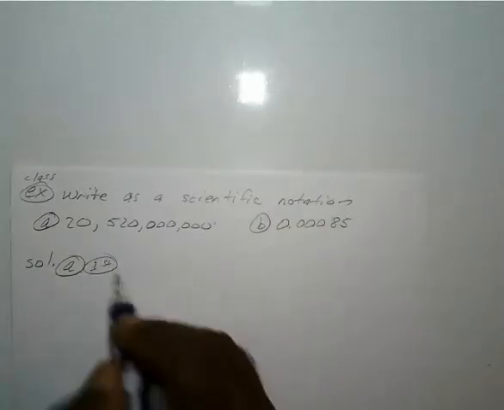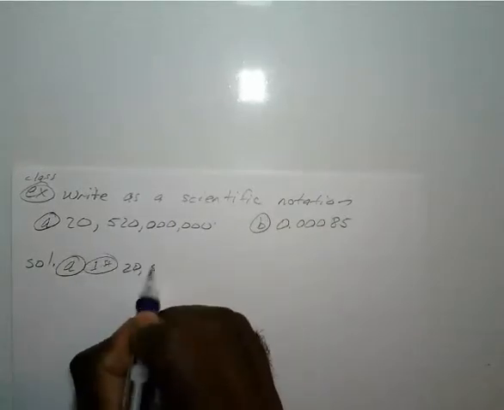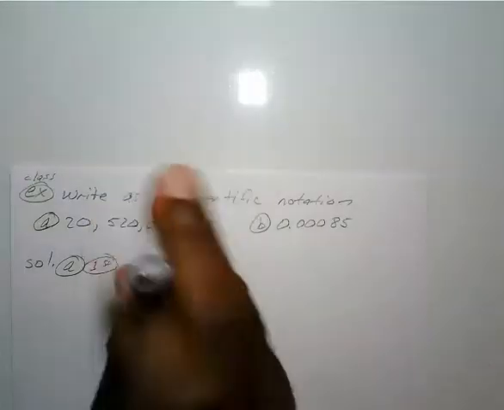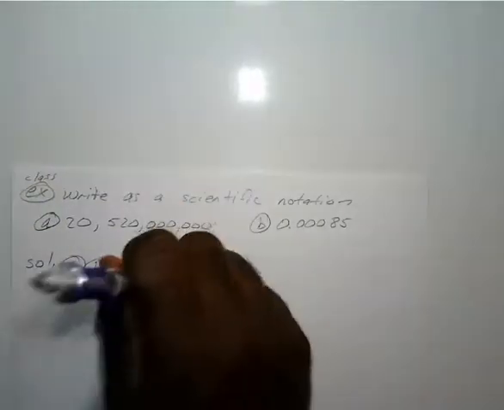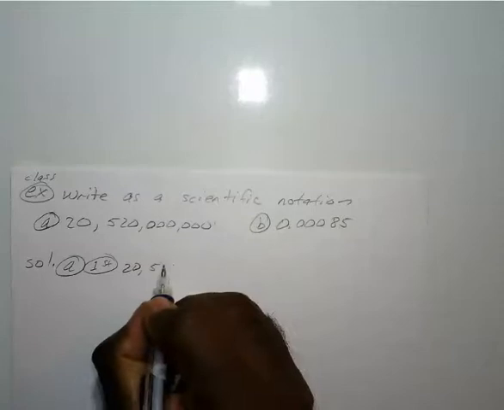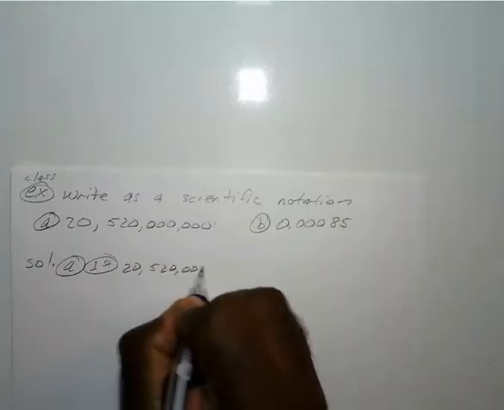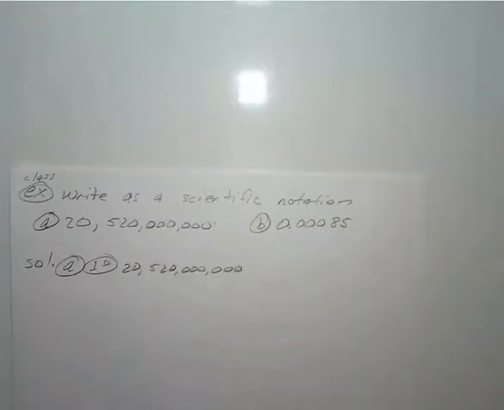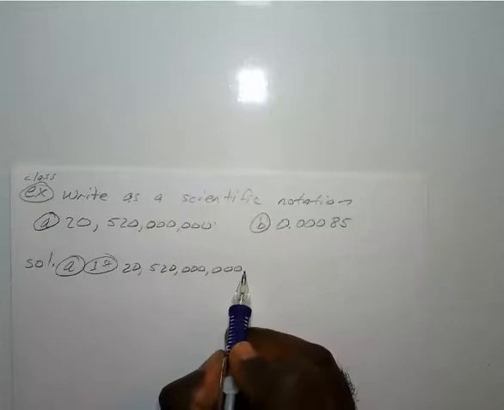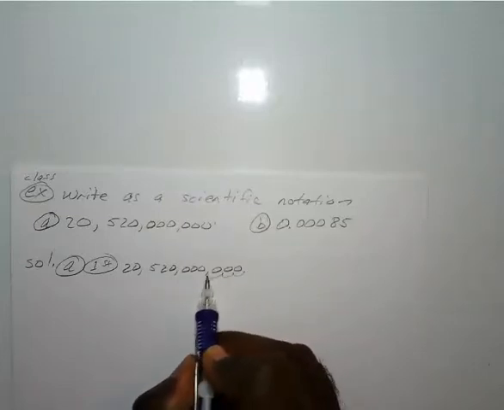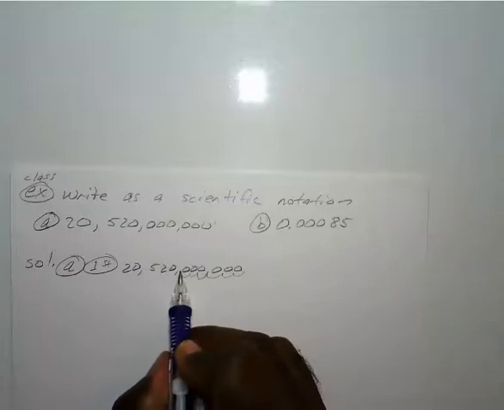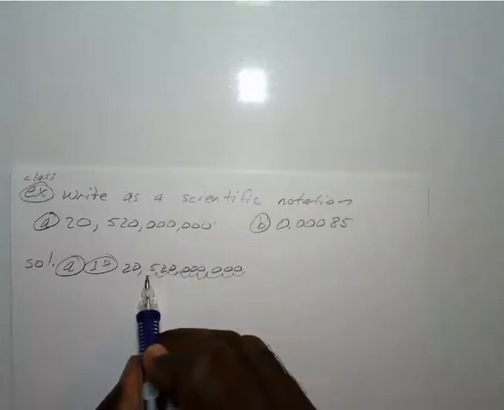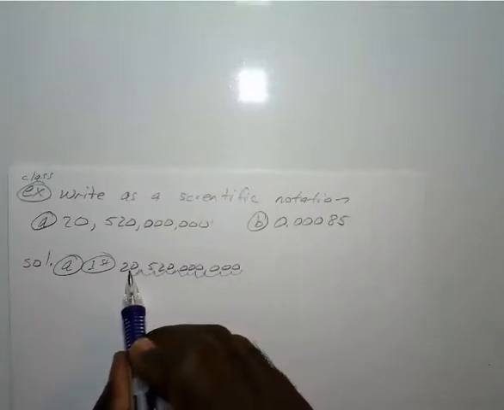Okay, so your first step, you have 20 billion, 520 million. Remember, when there's no decimal, it always starts at the far right. So you have 1, 2, 3, 4, 5, 6, 7, 8, 9, 10.